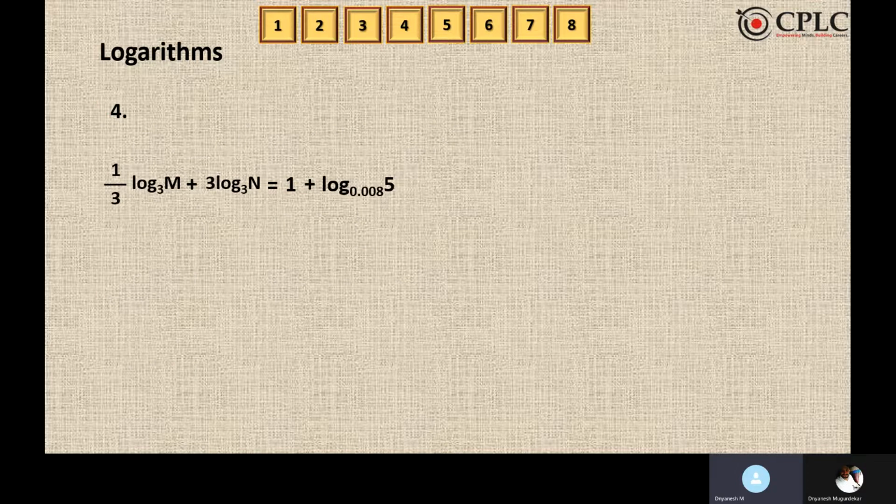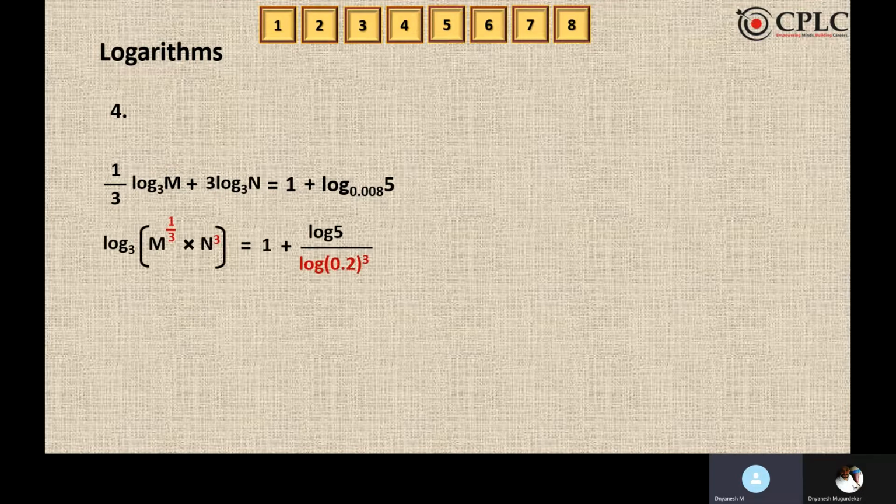And then again, the base is also same. So it is as good as log a plus log b, and we know that we will have to multiply that. So it will be log ab. So log m raised to 1 by 3 into n cube to the base 3 is the simplification after a couple of steps on the left side.